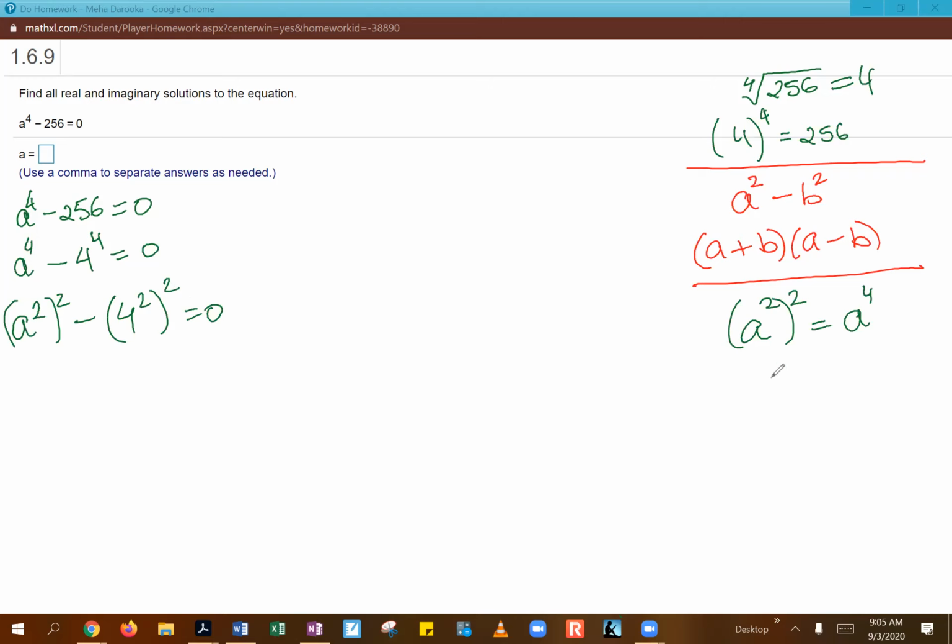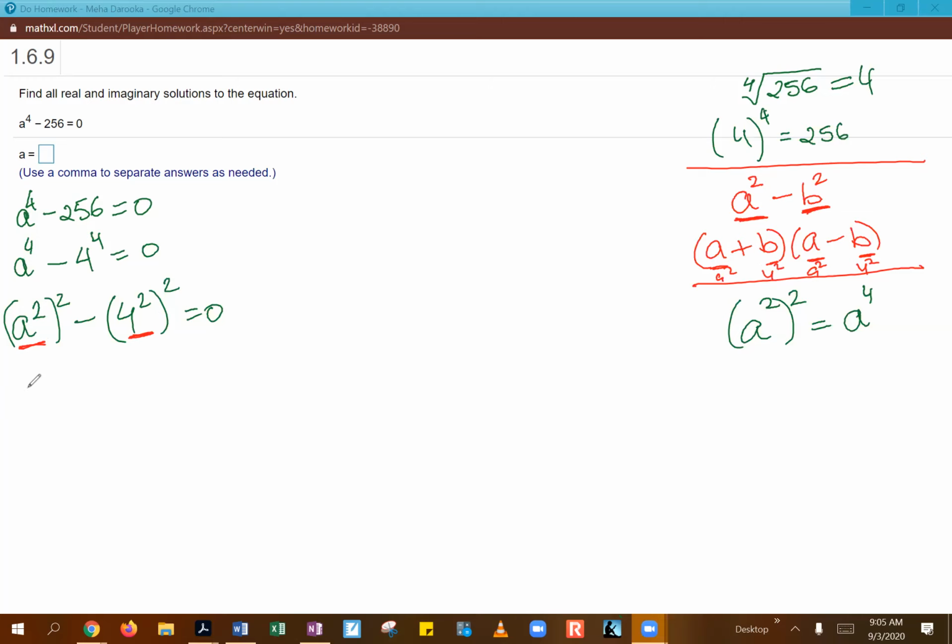With these, this a square is now acting like our a term, and the 4 square is acting like our b term. So when you break this down into a plus b and a minus b, this will be a square, this will be 4 square, and again a square and 4 square. You're still using that same format, but we have to modify it from a 4th degree to a 2nd degree.